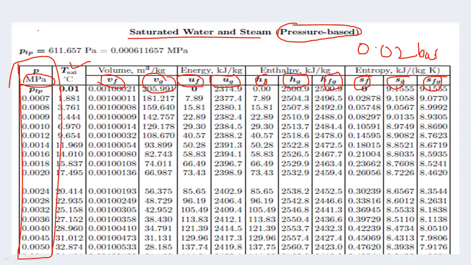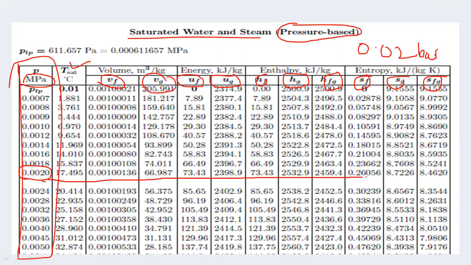So you make the conversions, and nearly you'll get this one, that is 0.002 megapascal, which is 0.02 bar. So now at this value of 0.02 bar, you need to extract the values from the steam table.